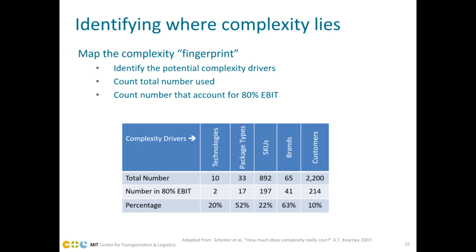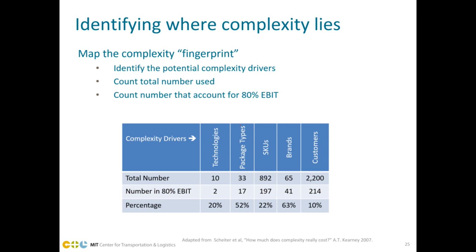Then you count the number that contribute to 80% of the earnings before interest and taxes. So these are where the lion's share of those earnings are coming from. And you count for each of those how many technologies are present in those, how many of the packaging types are in those. And so you go through and then you look at the percentage. And what does this do?